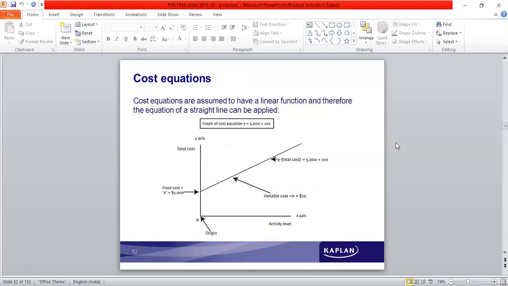There's another way in which the cost relationship can be presented. It can be presented as a linear relationship. So we'll see the meaning of linear relationship.